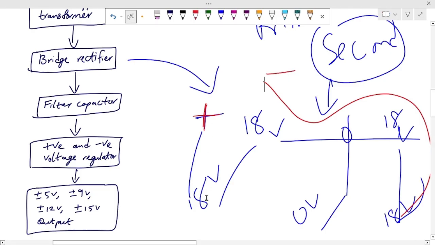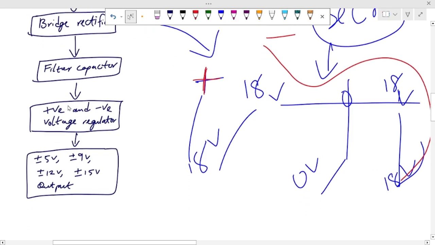Now we have positive 18 volts and negative 18 volts from our bridge rectifier, and we also have 0 volts. So now, as you can see, we have DC positive and DC negative. All has been stepped down to 18 volts: positive 18 volts, negative 18 volts, and 0 volts.